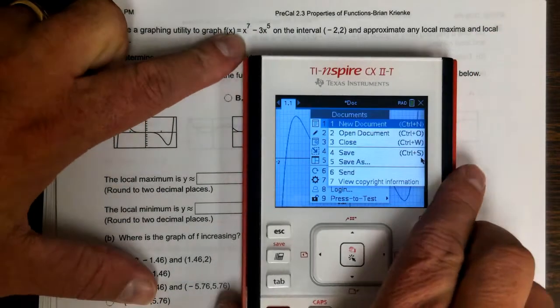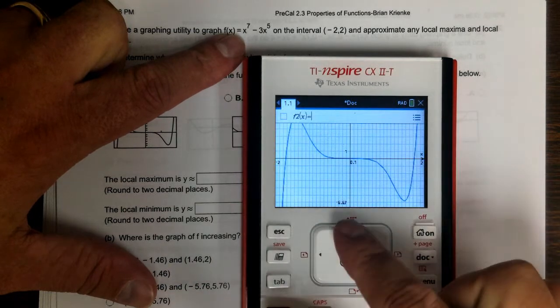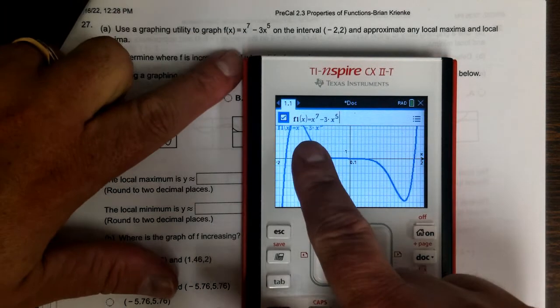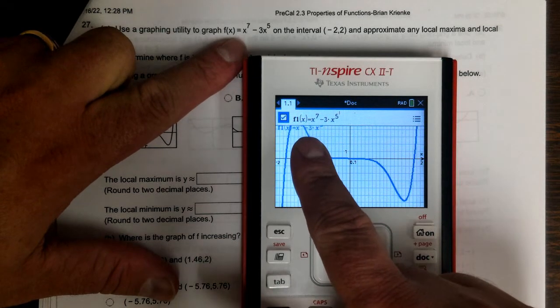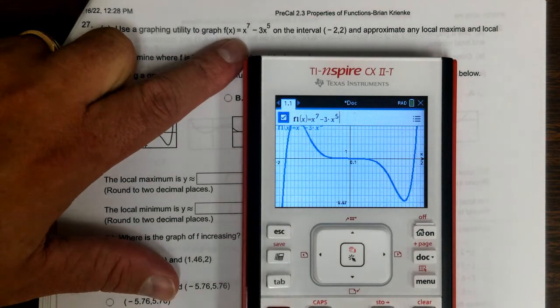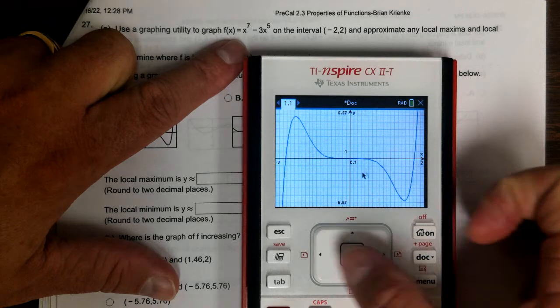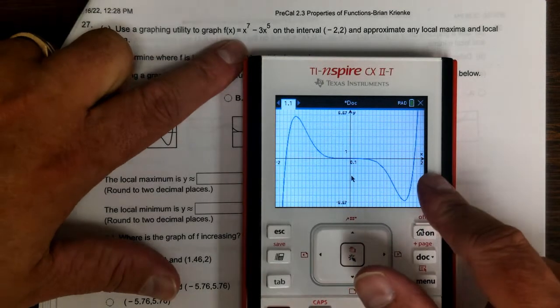Couple of interruptions, no problem. Okay, so I really do have it already. I have x to the 7th minus 3x to the 5th. Now, what I care about is the interval -2 to 2. So I'm going to hit escape to get rid of that. And I put -2 to 2.